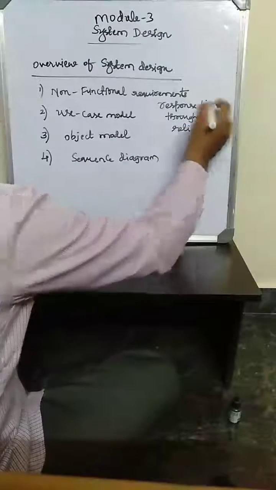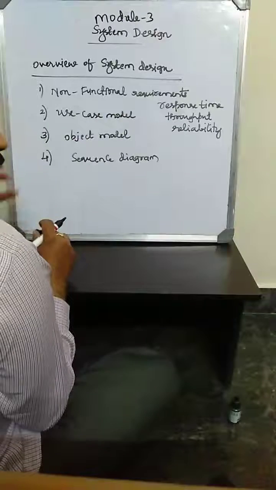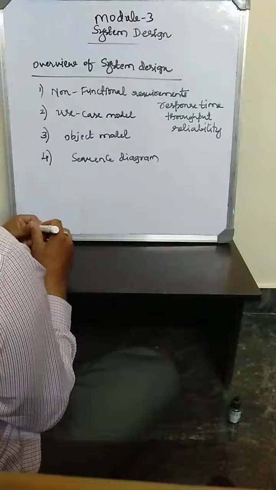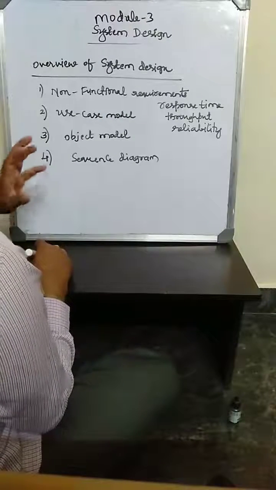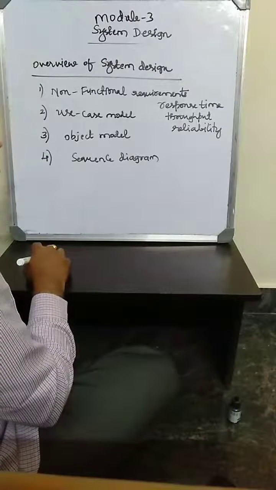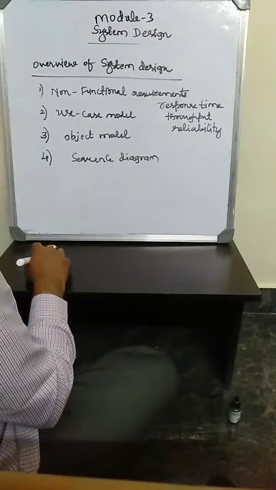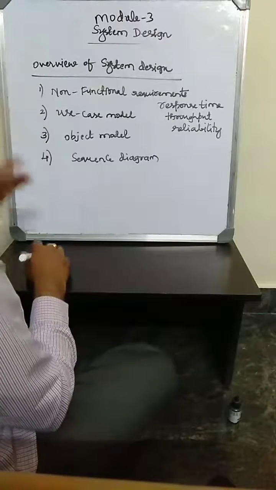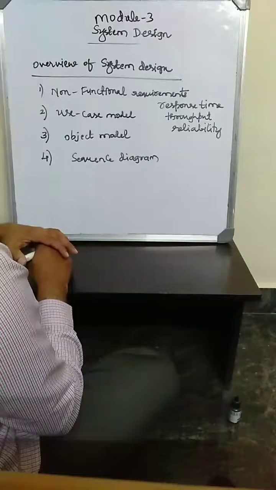So like this, you may go on listing the important requirements. Either it may be response time, throughput, or reliability, so that we are able to list those as non-functional requirements.